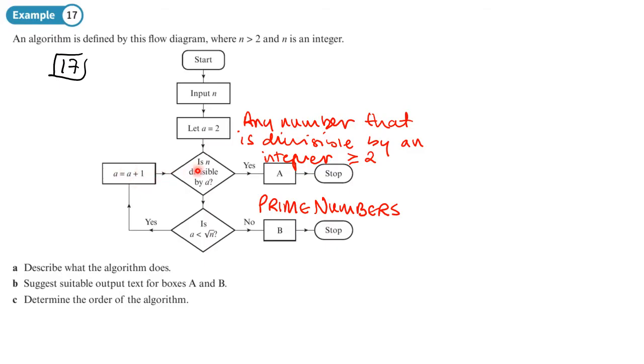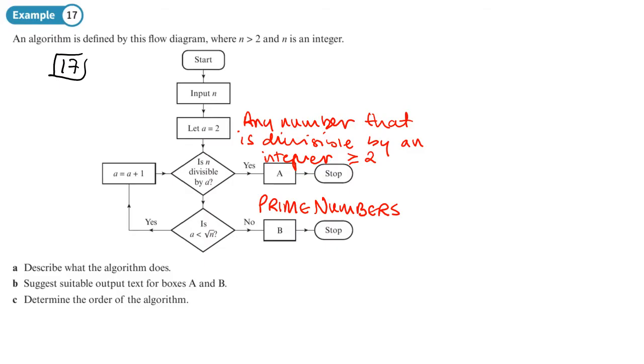Then 4, is 17 divisible by 4? No. Is 4 less than the square root of 17? Yes, it is, just. a is 5. 17 is not divisible by 5. Is 5 less than the square root of 17? The answer to that question is no. So we end up here. So 17 ends up here.